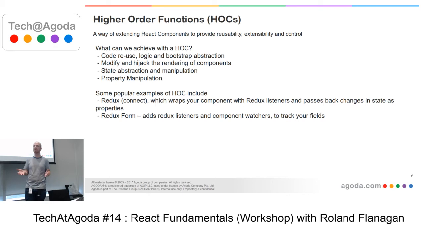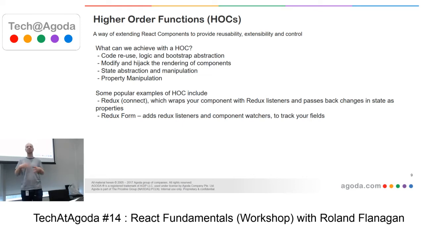There are some really popular examples of higher order components, and probably one of the most well-known ones is connect, which comes from Redux. What this connect function does is it takes your component and a couple of properties, and it will listen for the properties mentioned, and if there's a change, it will inject them as brand new properties into your component.